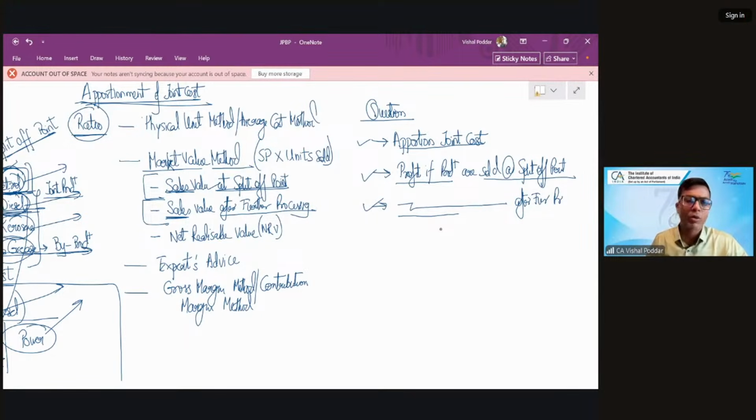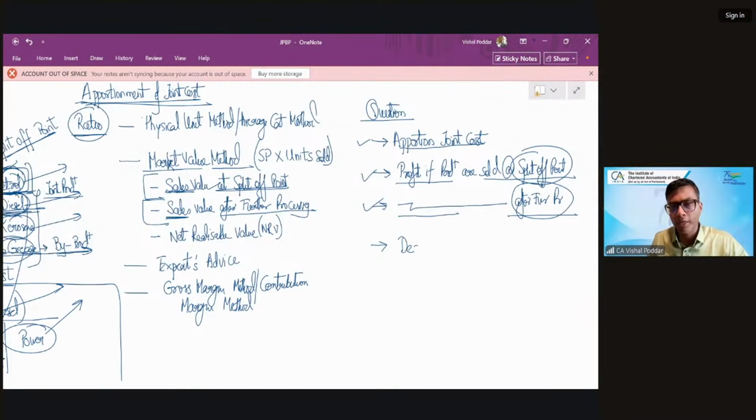Or what if you are not selling immediately, you are further doing process 4, process 5 to refine the products further and sell it after further refining. So the second possibility is to find out profits after further processing. Now the third question is interesting. If you have the option to sell it here also or to sell here also, the question is, out of both, what you should do.